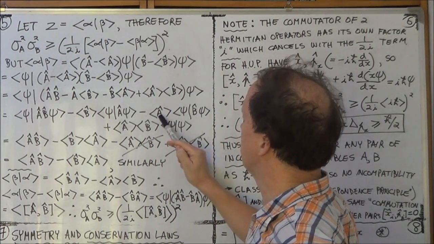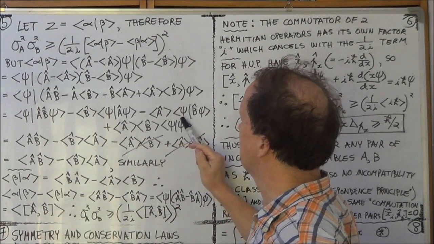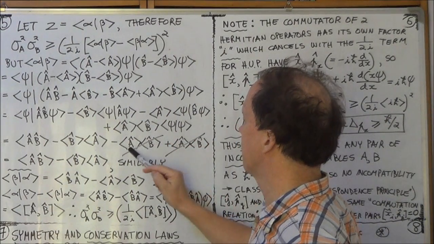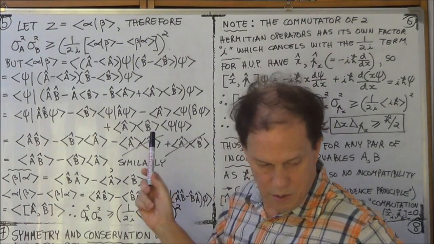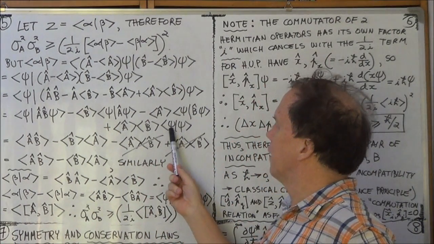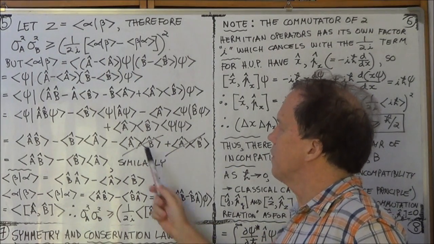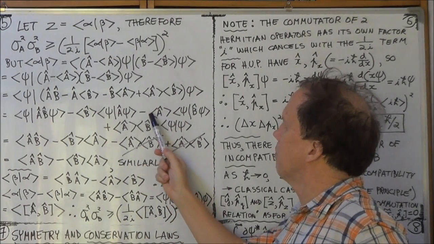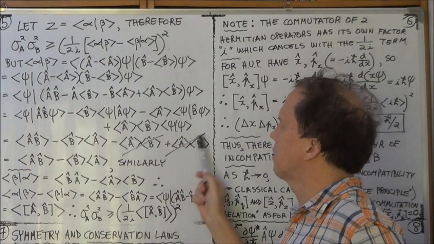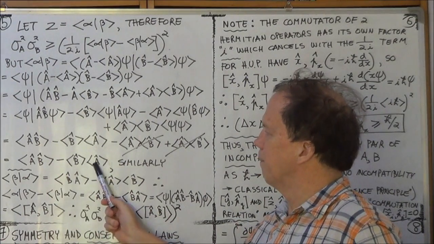Similar story here, so minus average of A times average of B. So you get this. And let's assume our wave functions are normalized, so this will just be 1. So you just live with plus average A, average B. But here you've got minus average A, average B. So these two cancel, and you're just left with this term.